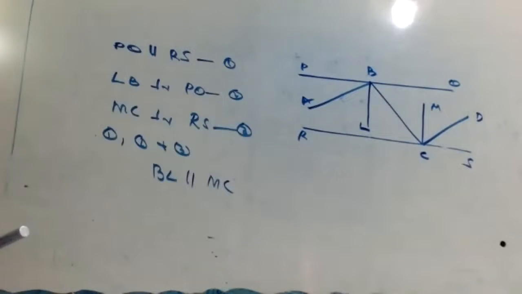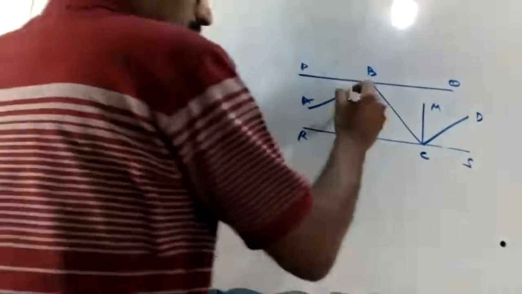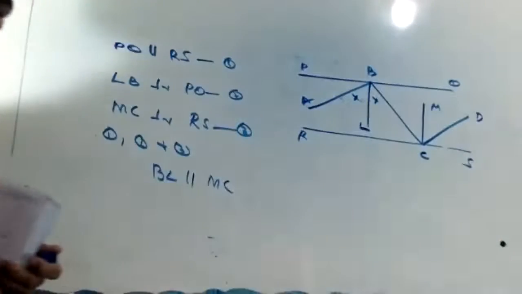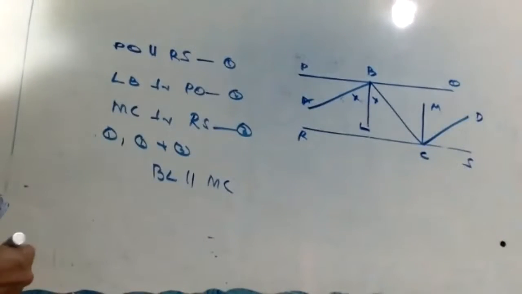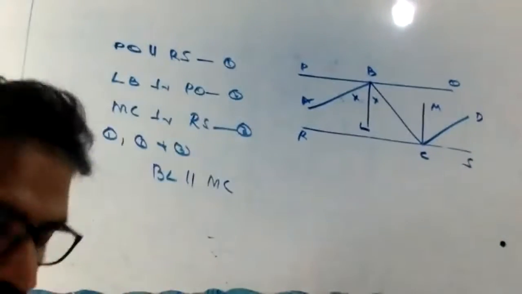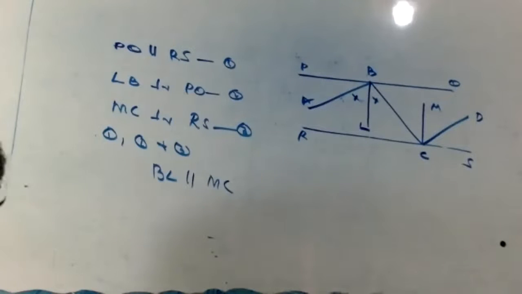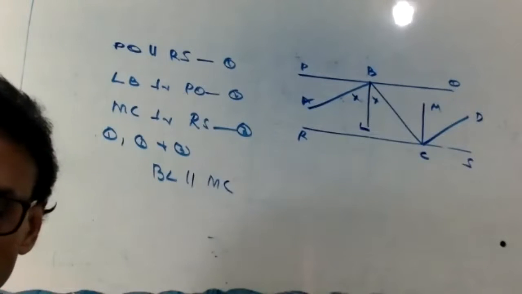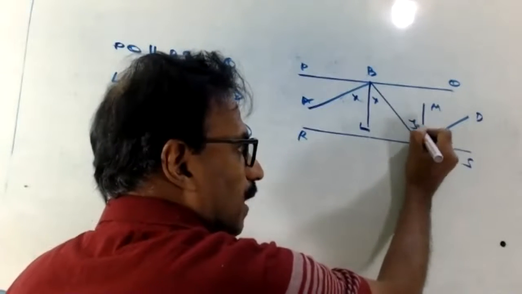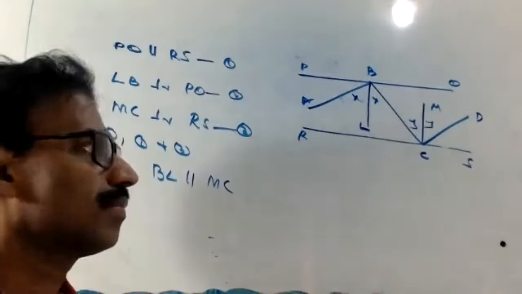Okay. So now, this angle X, this also X, right? Y. You learned that angle of incidence equal to angle of reflection, right? This also Y here, Y here.